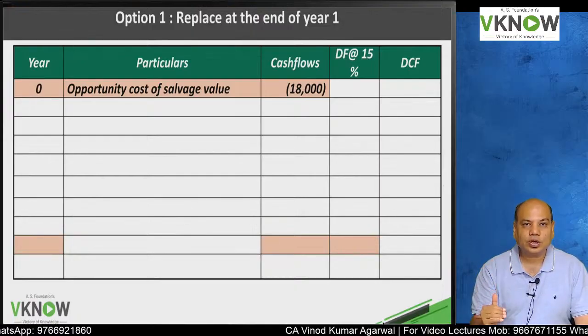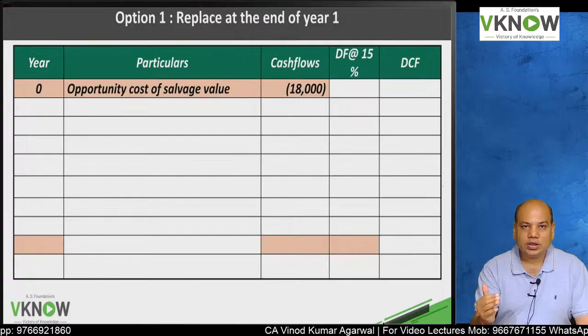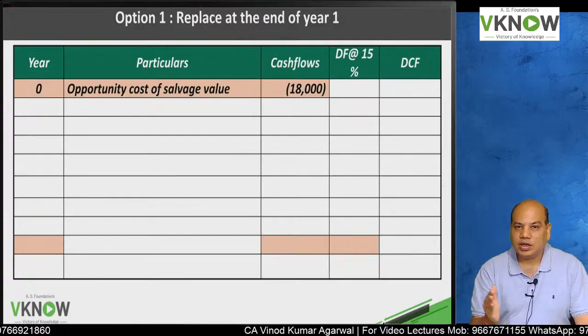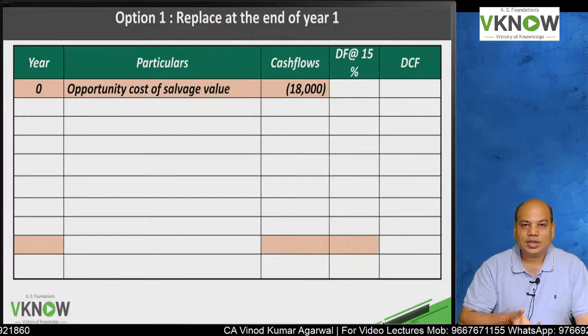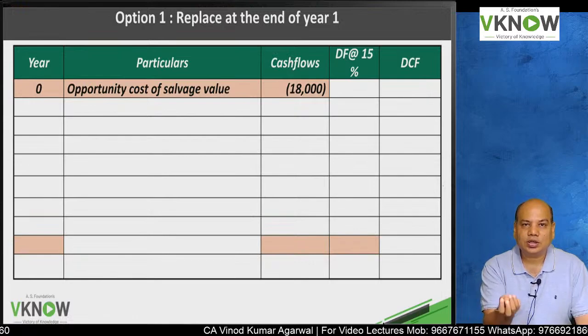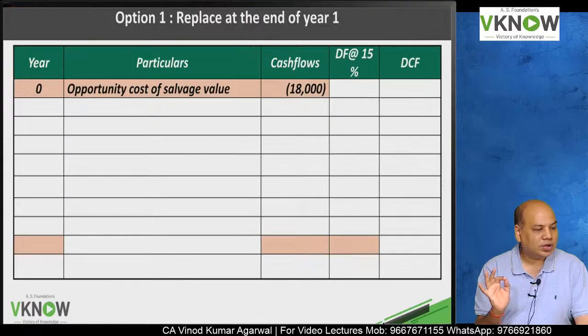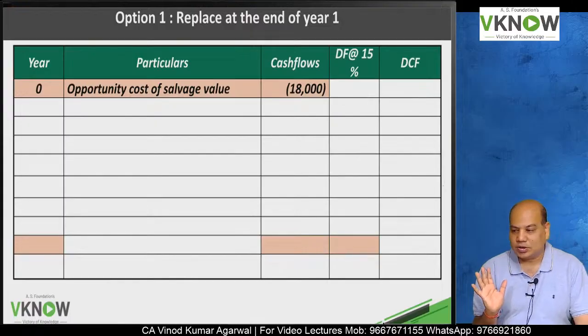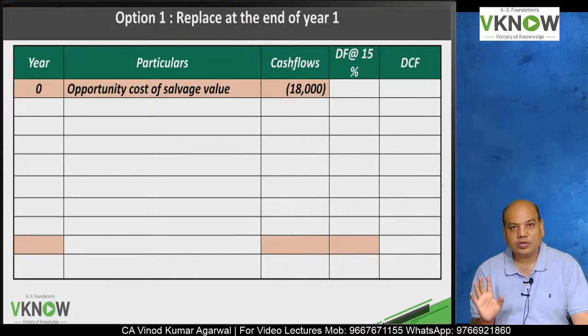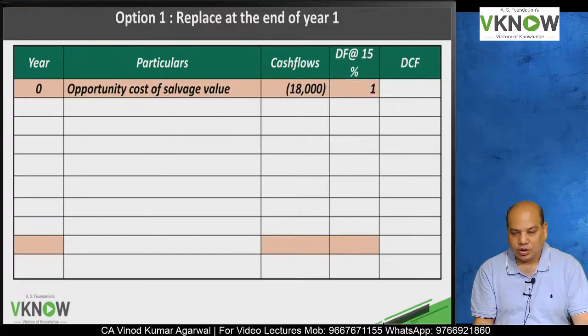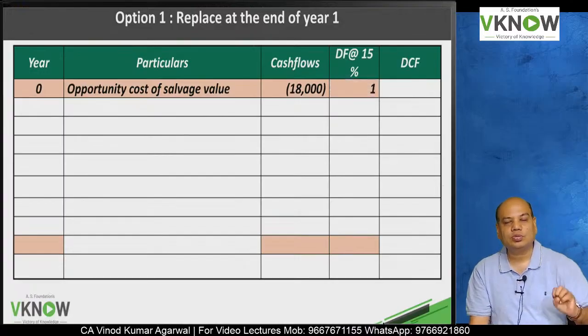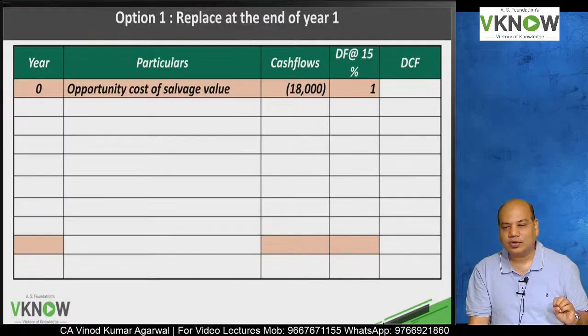Had you sold it today, you would have got 18,000. But you have decided to continue, so it is as good as investing in the old asset 18,000 rupees. Think as if you have bought this old asset from the market for 18,000.